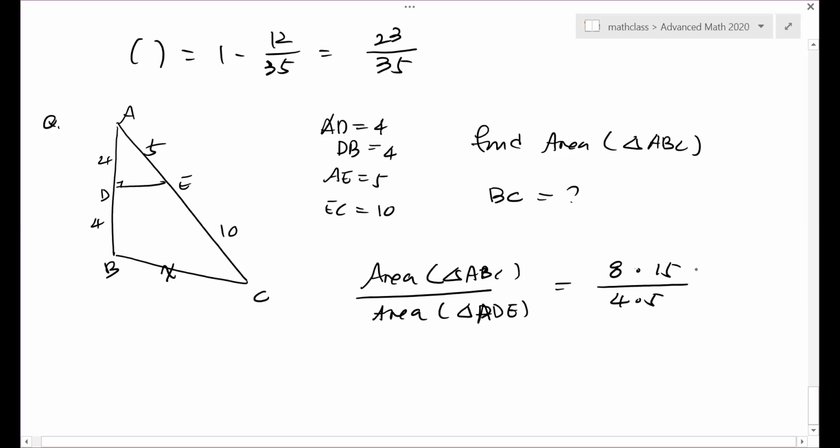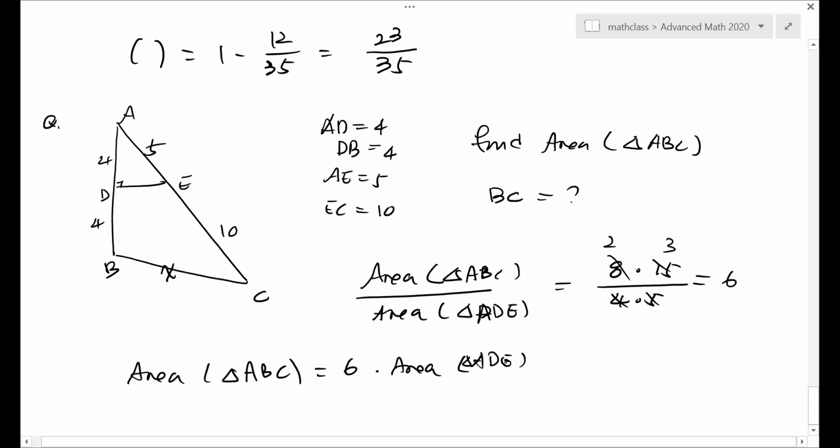Cancel 2, that's 3, so 6. So the area of triangle ABC is going to be 6 times the area of triangle ADE. The area of ADE can be calculated quickly. Because the other side is 3, DE must be 3. So it's half of 4 times 3, which is 6. So the area of ABC is going to be 36.